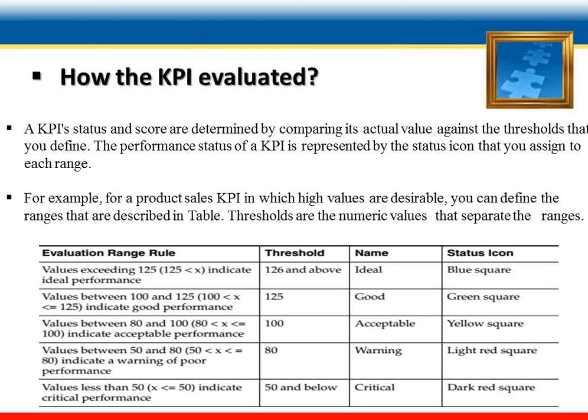This naming convention is Warning, and the status icon is a light red square. Values less than 50 indicate critical performance. The defined threshold value is 50 and below, its naming convention is Critical, and the status icon is a dark red square.